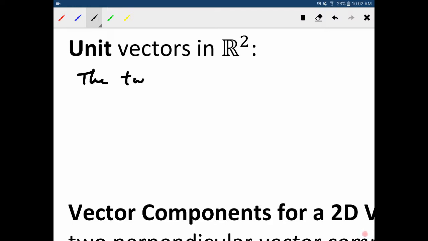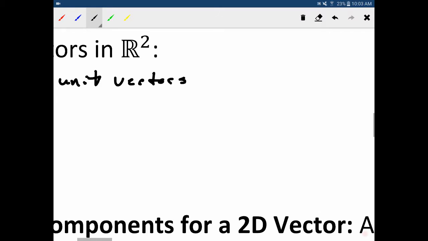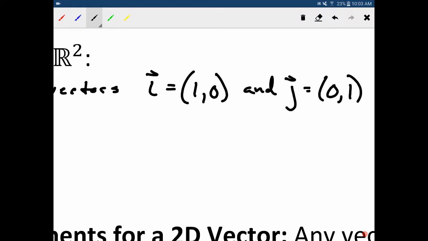The two unit vectors are i, which is equal to (1, 0), and j, which is equal to (0, 1).